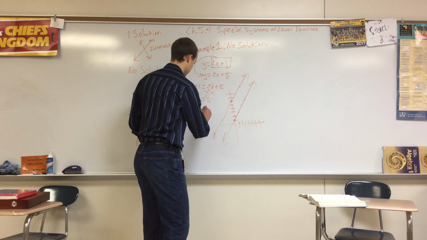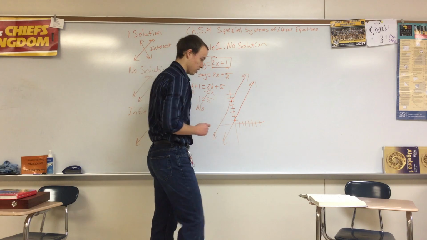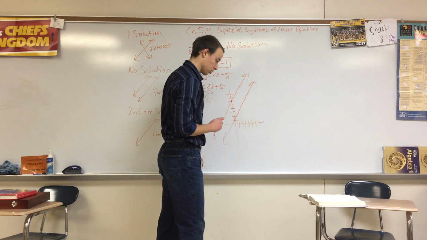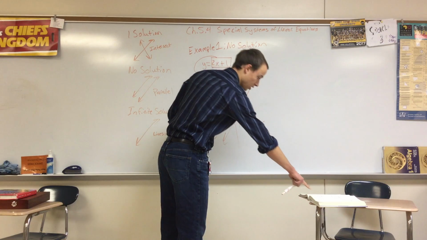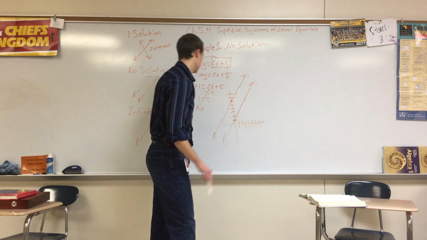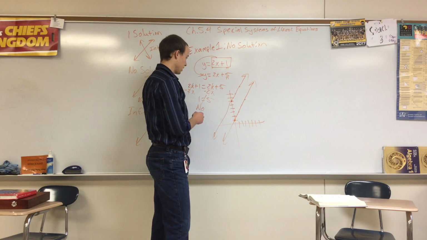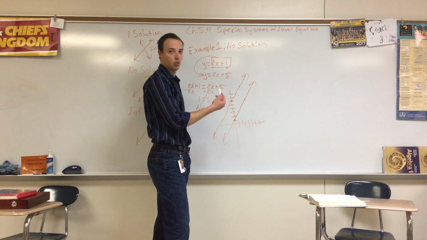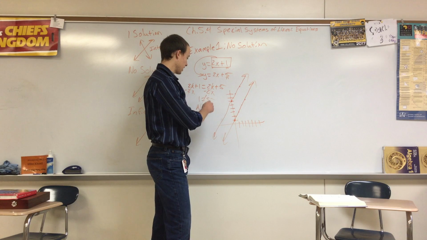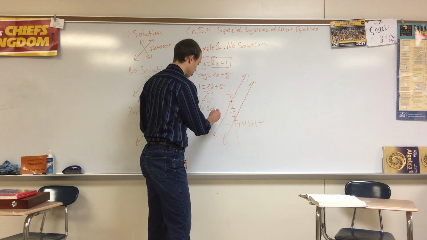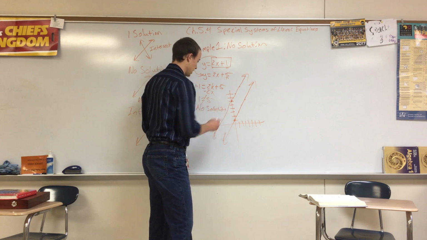So that means that we have no solution, okay? Because when we solve by substitution, we have to get some sort of an answer, like x equals something or y equals something. If the variables cancel out, then it's going to be no solution, because that means you can't plug in any number.